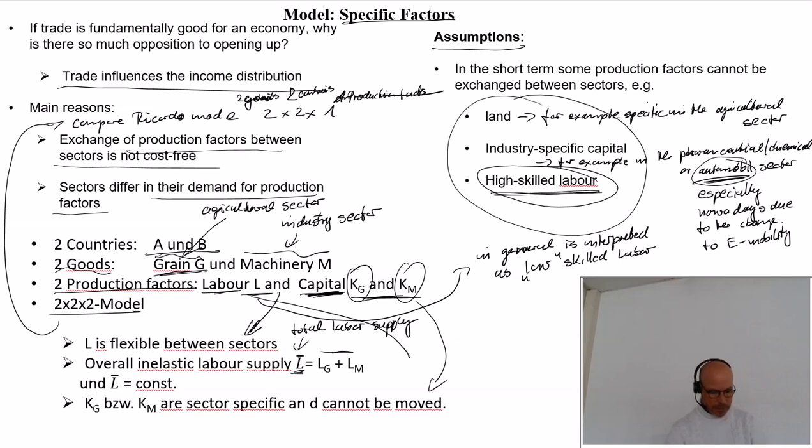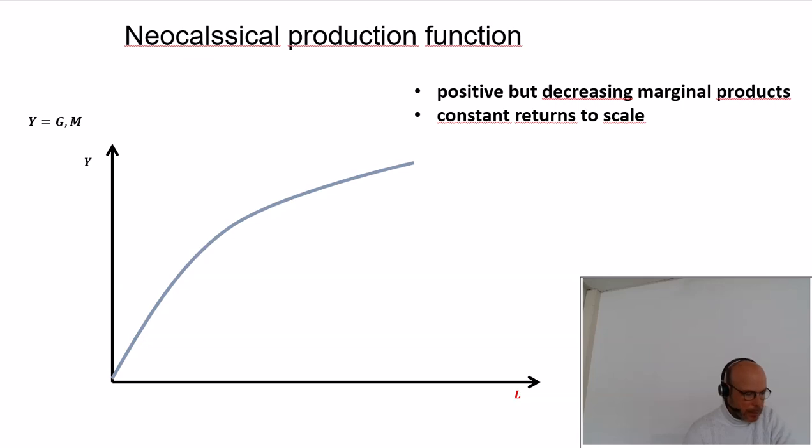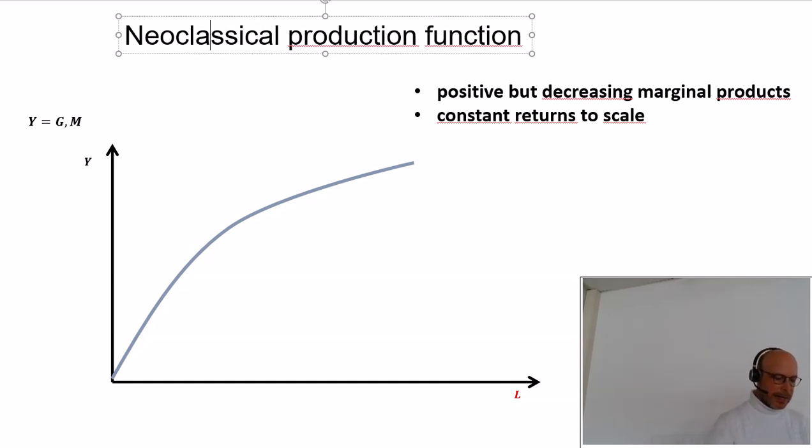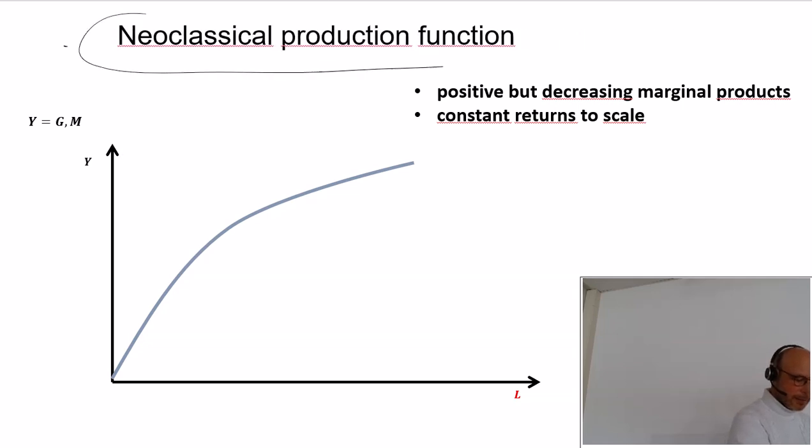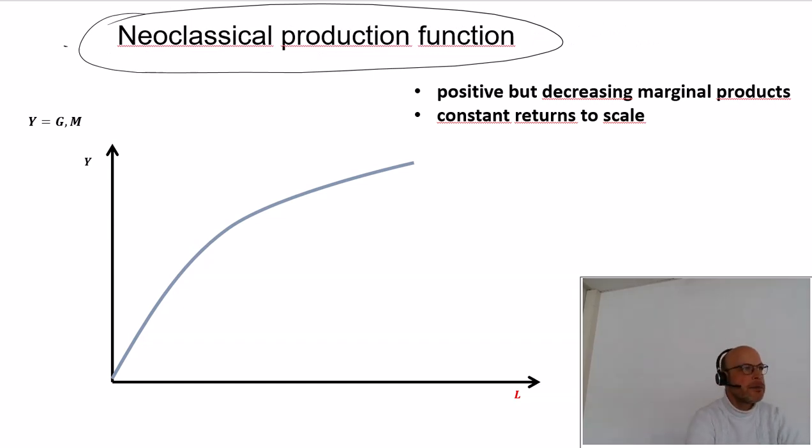So, and then next week we will talk about how we model production, and since it's classical trade theory, then very surprisingly we take the neoclassical production function with this characteristic shape.